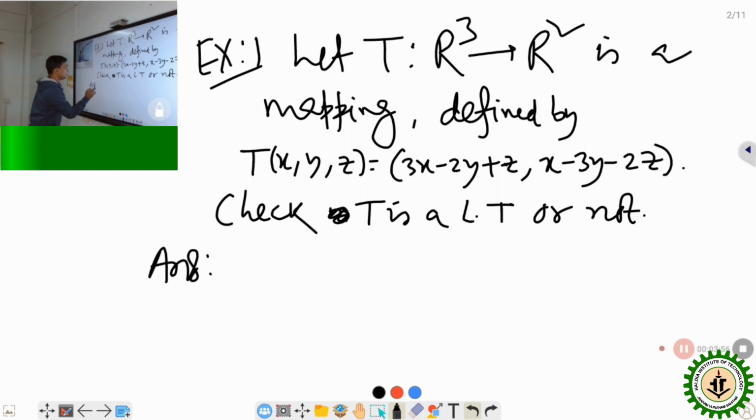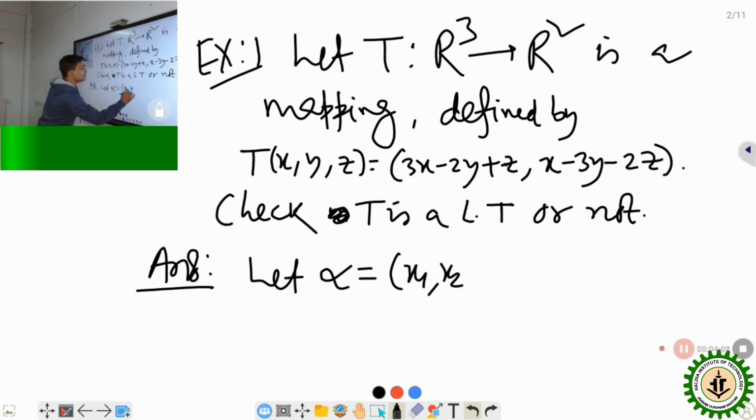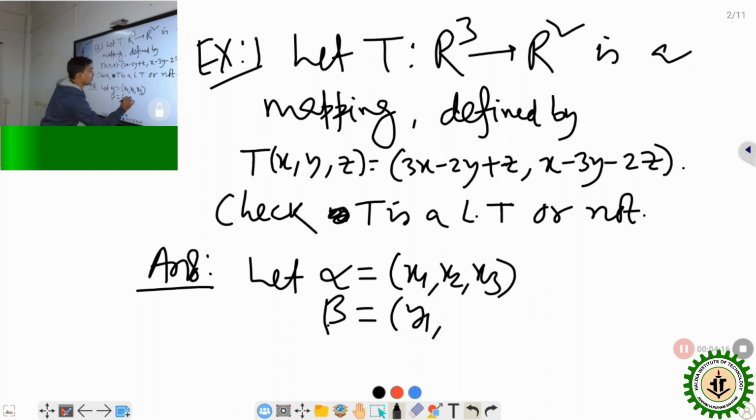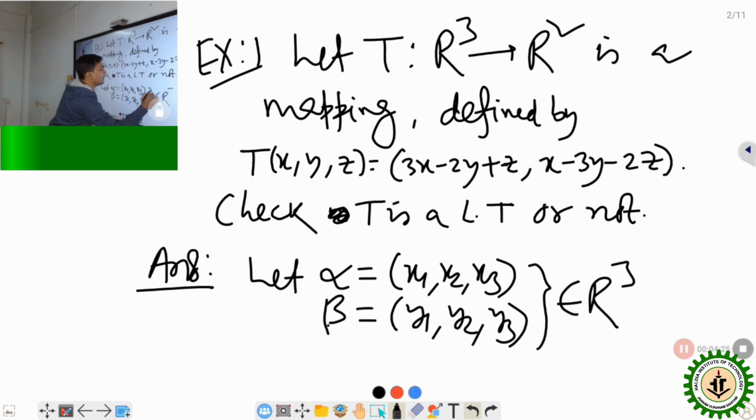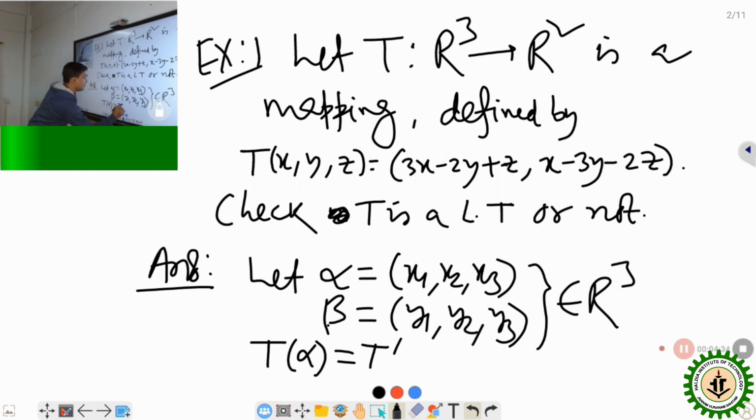First we'll take two elements from the domain set R3. Let alpha equal (x1, x2, x3) and beta equal (y1, y2, y3). These two are from the R3 set. Now T of alpha is T of (x1, x2, x3).